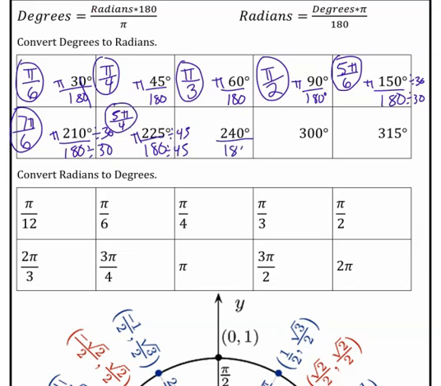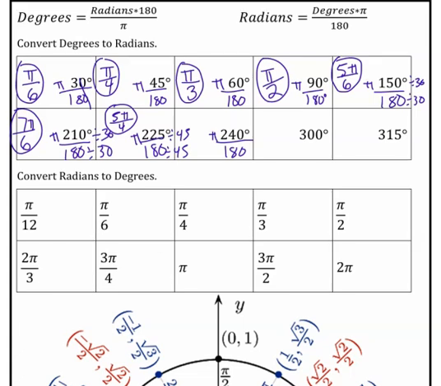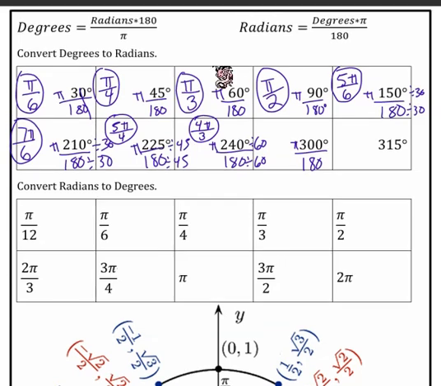240 divided by 180, let's divide these by 60. 4 pi over 3. 300 divided by 180, let's also divide those by 60. 5 pi over 3.